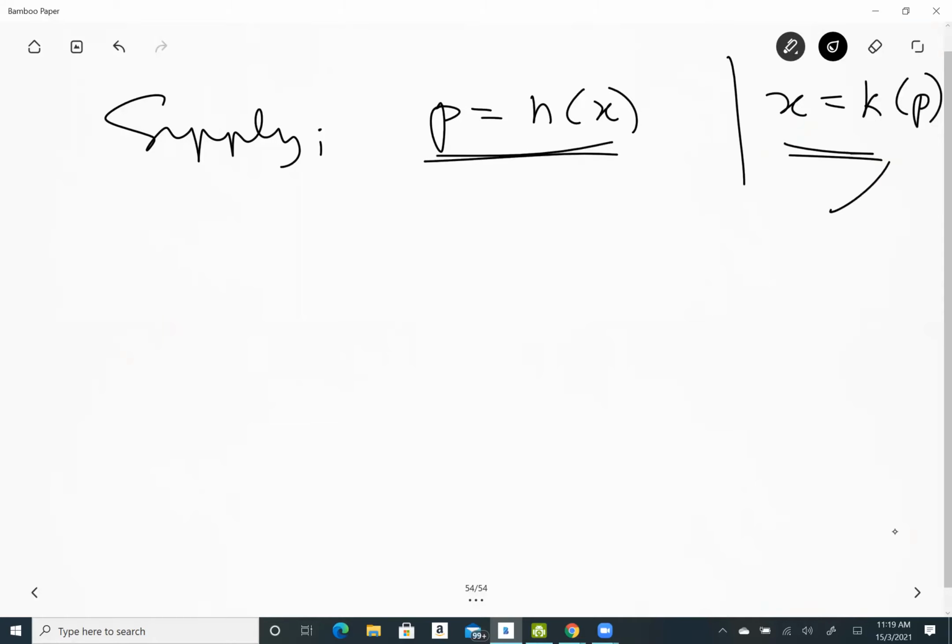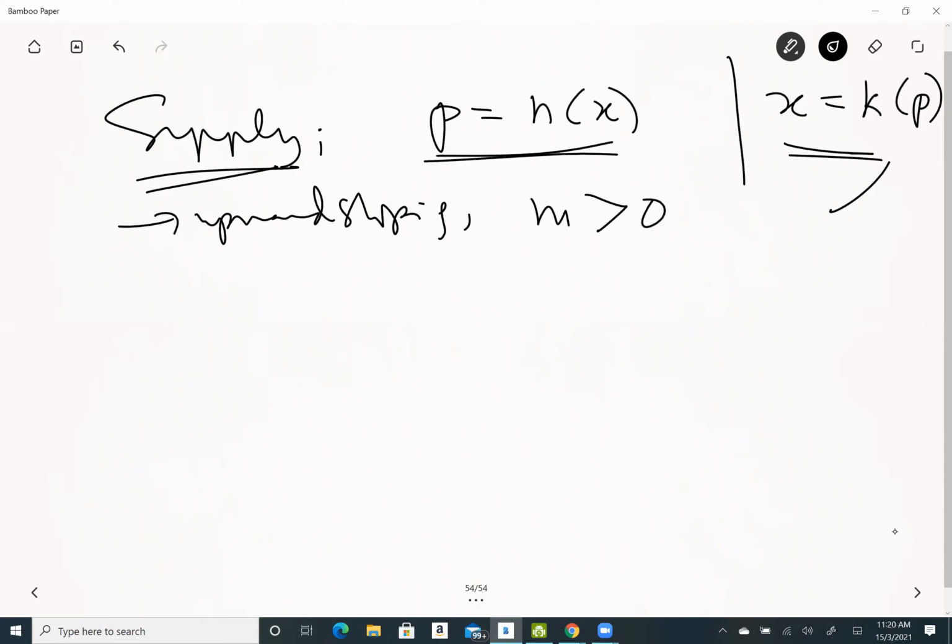We call it P as a function of X. And the supply function, if you recall, how does it look? Upward sloping. That means the slope is bigger than 0.